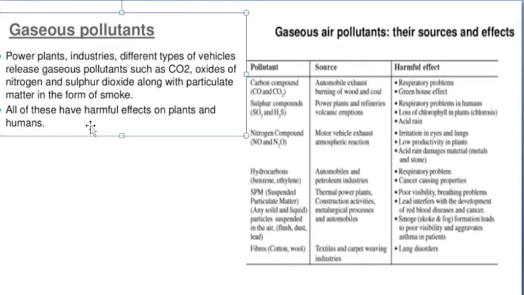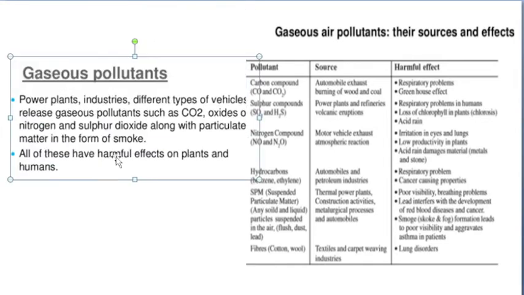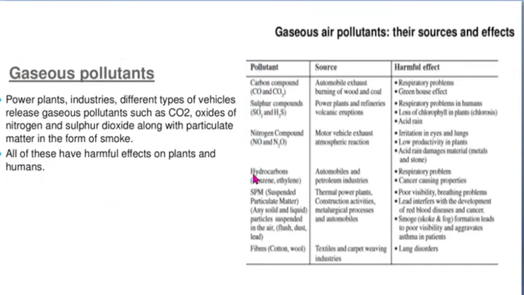Okay, so you just see here, the types of gaseous pollutants and their sources and effects are mentioned. So carbon compounds, carbon monoxide and carbon dioxide, are generally generated from automobile exhaust, and their harmful effects are respiratory problems and the greenhouse effect.